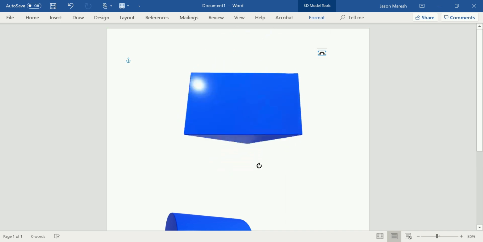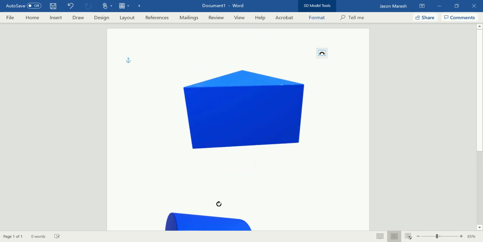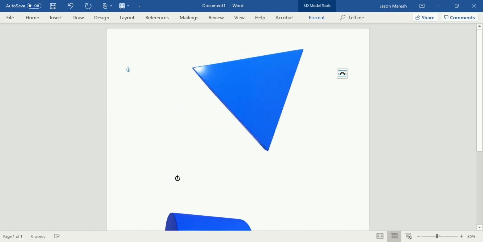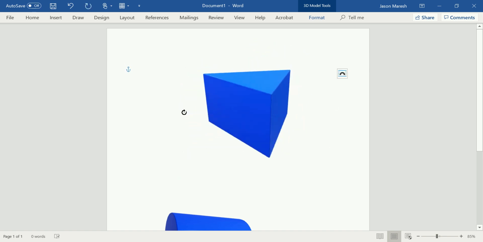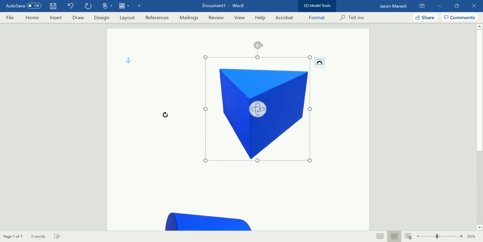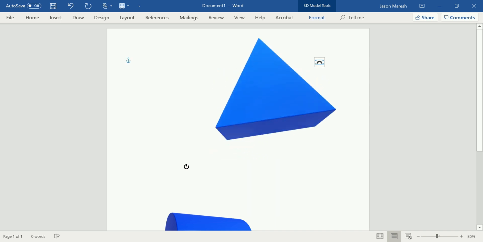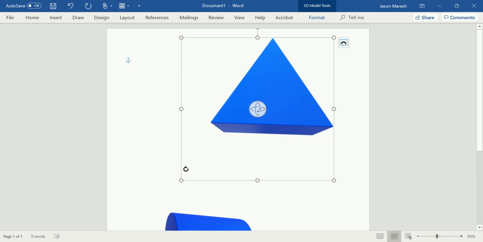So here it is. You can kind of get an idea of what that three-dimensional shape looks like. But the question is, what's the base and what's the height, right? Because we have options, because this thing can be moved around. And being able to locate the base and the height is going to be important.